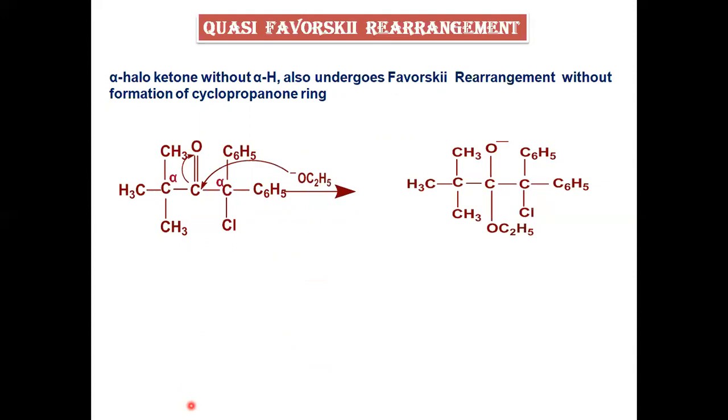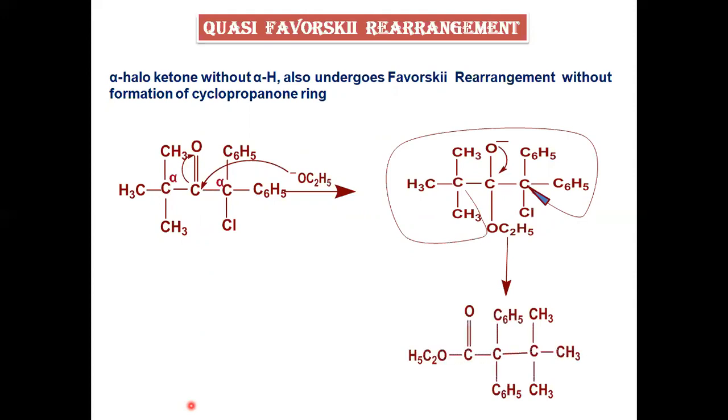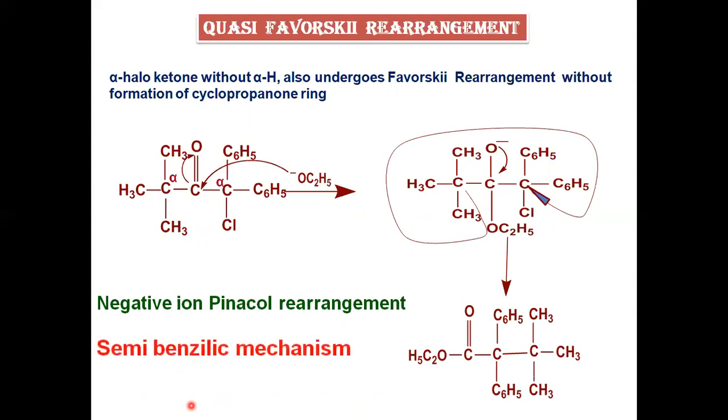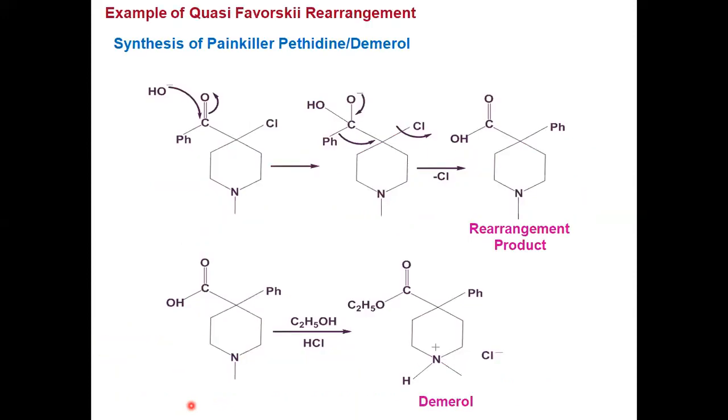After formation of the oxyanion, an alkyl shift occurs from one alpha position to another alpha position and gives the product. This rearrangement is also known as the negative ion pinacol rearrangement and involves the semibenzilic mechanism. An example of quasi-Favorskii rearrangement is in the synthesis of the strong painkiller Demerol.